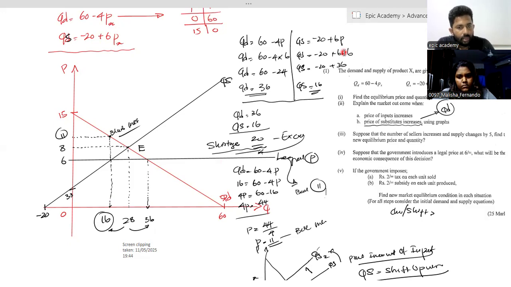Next one: excess demand arises. Because of excess demand, commodity shortage, reported as 20 commodities.